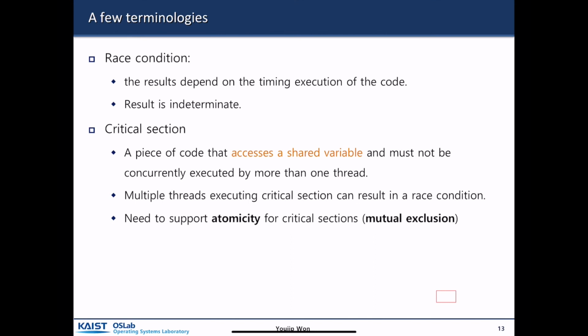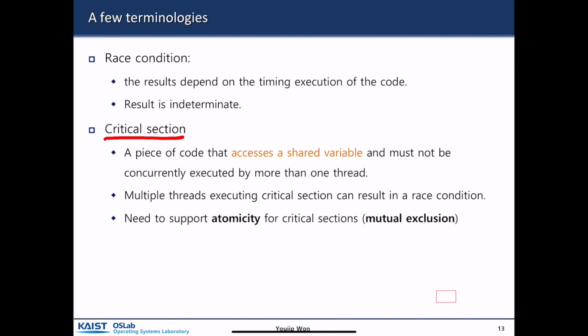There are a few terminologies. Race condition is the situation where the result of an execution depends on the timing of execution of the code. The problem of a race condition is that the result is indeterminate. And there is another important concept called critical section.